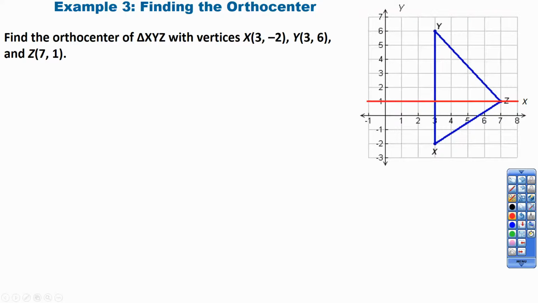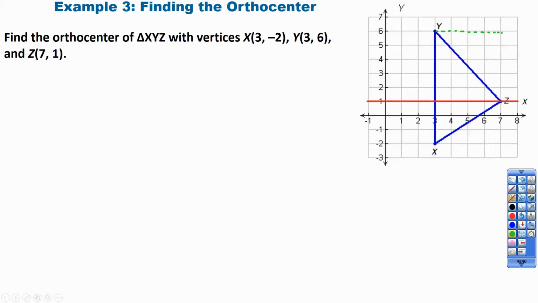And then we are going to need to find the equation for this line, YZ, and find out what the slope of this line is actually. That's what we need to do, find the slope of this line. So how far to the right do we go? We go over 1, 2, 3, 4.